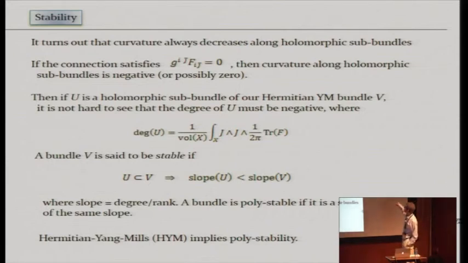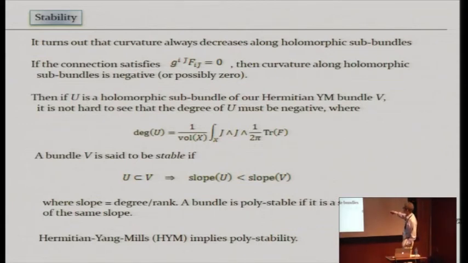If I then look at a holomorphic subbundle, it's not hard to see that the Kähler trace of the curvature of U has to be negative or 0, because it's 0 for V. It's going to be negative or 0 for any holomorphic subbundle of V. Now, the expression I have over here, J wedge F, is actually proportional to the Kähler trace. So that's going to be some negative definite matrix. And if I take the trace in the gauge indices, I'll end up with something that's negative, or possibly 0, at every point in space-time.